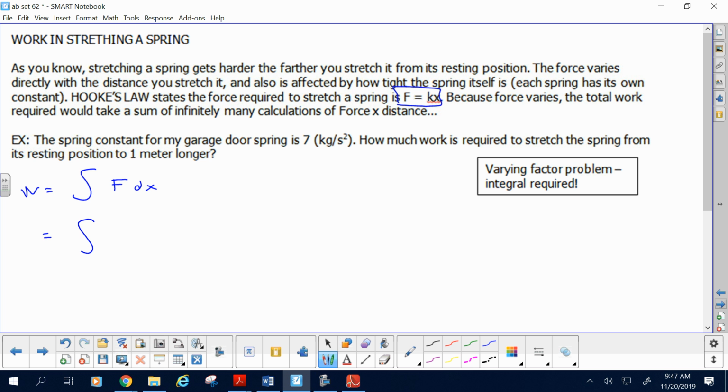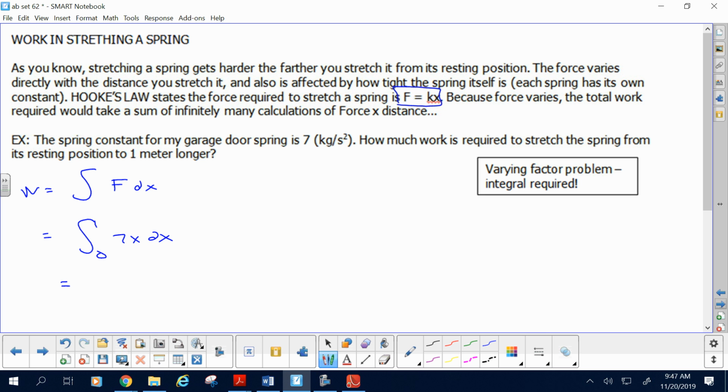The force, in this case, is governed by the spring constant formula kx, where in this case k is 7. And where are we moving from and to? From at rest, which is 0 to 1. We're stretching at 1 meter.